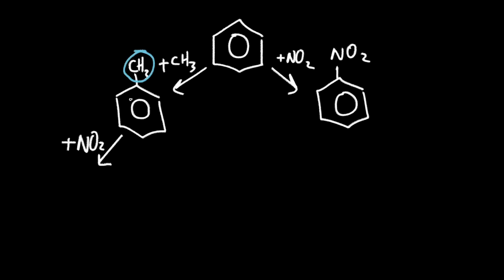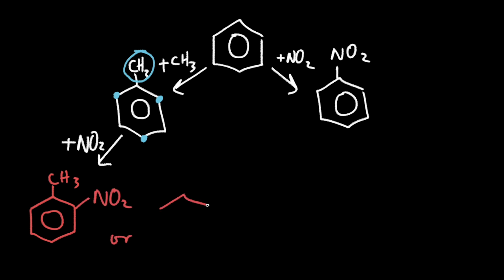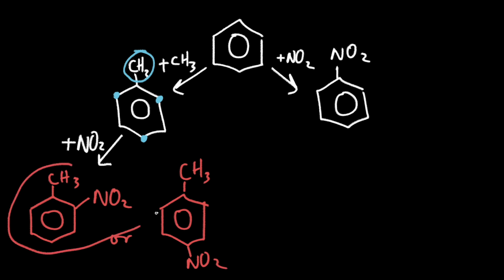So we know that CH3 is an electron donating group. It's activating and it directs towards the 2, 4 and 6 positions. So we'd expect our product to either be this with the NO2 group at the 2 position, or this with the NO2 group at the 4 position. So the 6 position product is just going to be exactly the same as the 2 position product.